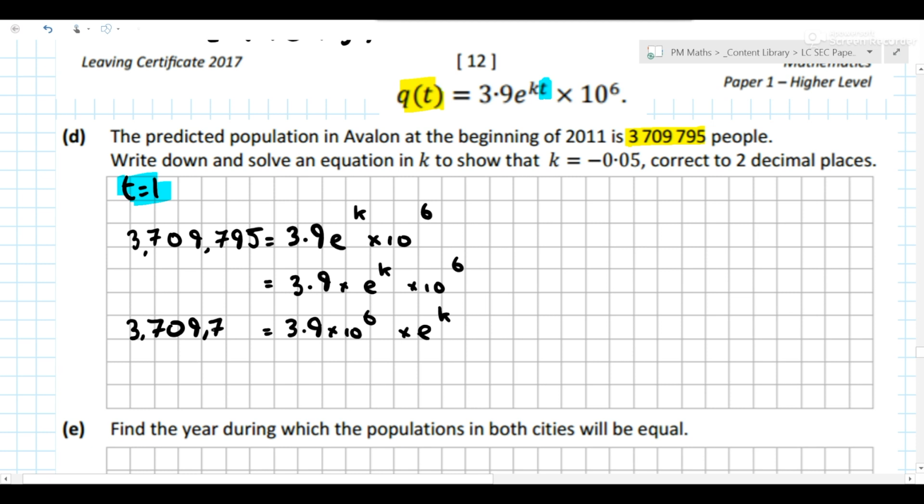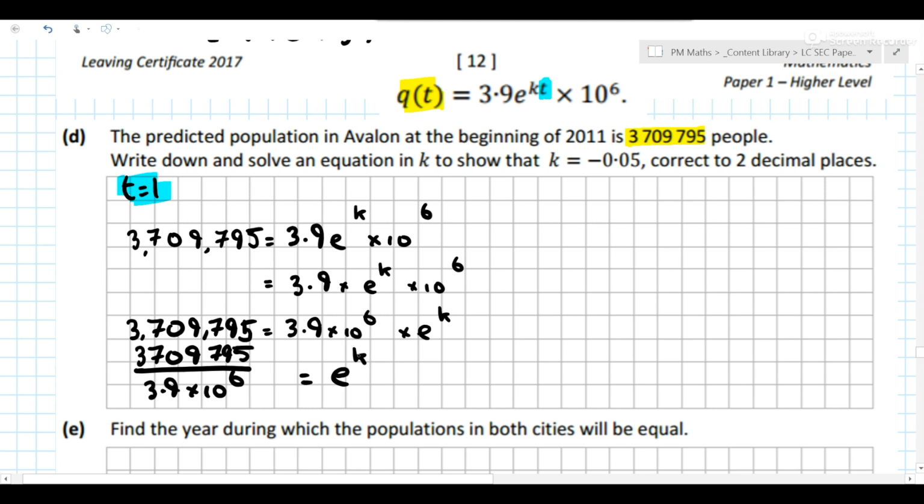Now remember, we know what e is. That's not the big bad scary part. We need to find the k. So it's this multiplied by e to the k. So how do I get rid of it? Well, what's the opposite of multiplication? Division. 3709795 divided by 3.9 by 10 to the 6 is equal to e to the k.